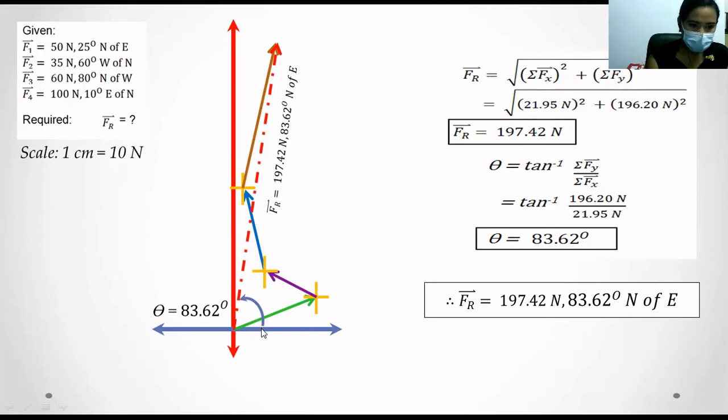So our direction here will be north of east, since the projection of the vector is along the first quadrant or along the northeastern direction.